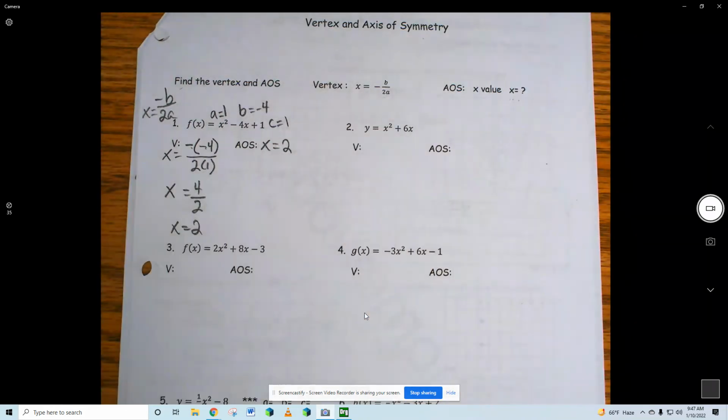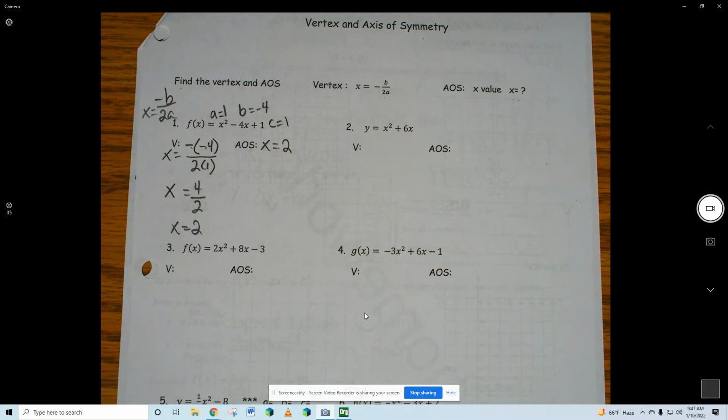But I don't know what my other number in my vertex is. How do I find my other number in my vertex? The y value. Yeah, f of x is the same thing as y equals. So I'm going to plug in this 2 into this top equation to find out y.